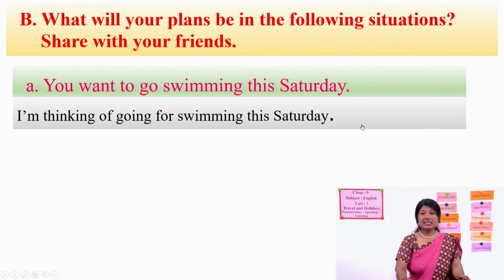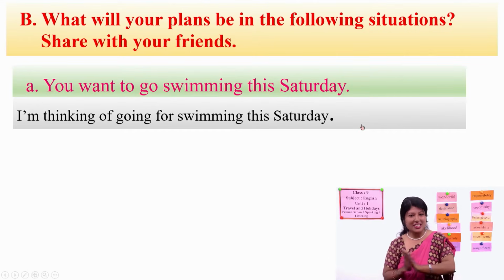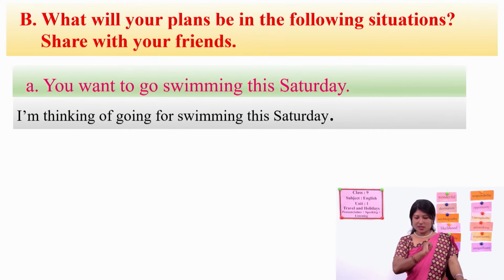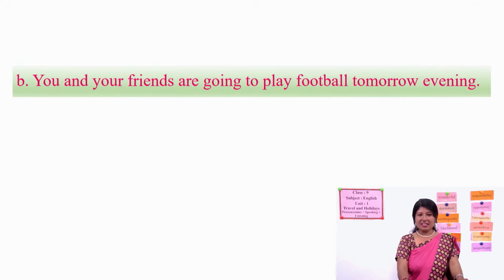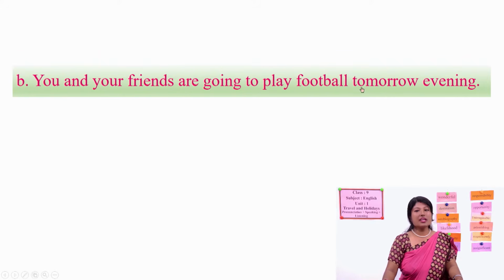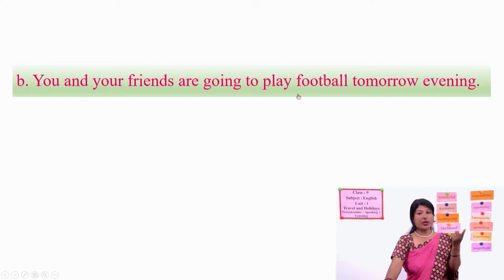Then, let's move to the next situation. Here it goes. Number B. You and your friends are going to play football tomorrow evening. Now, how do we express it, the way we did in number A?